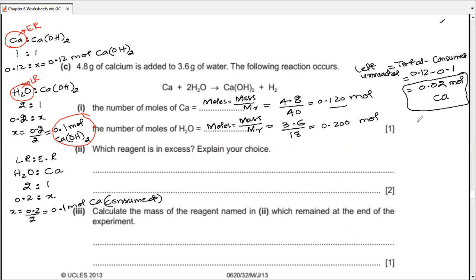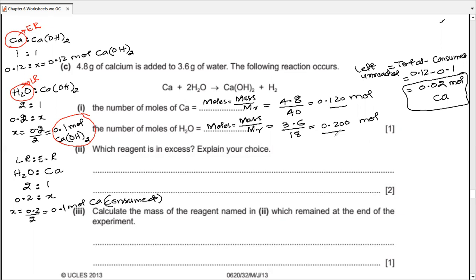Right? Sir, I'm kind of confused. I understand that in the first whole we use the ratio two, ratio one, but I'm kind of confused. Why are we using 0.2? Because that's water, and the number of moles of water is 0.2. Oh, yeah, okay. Right?